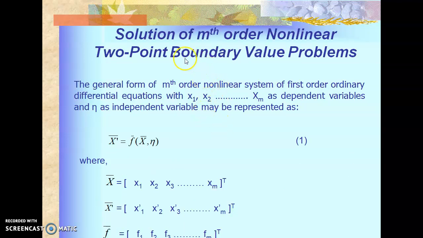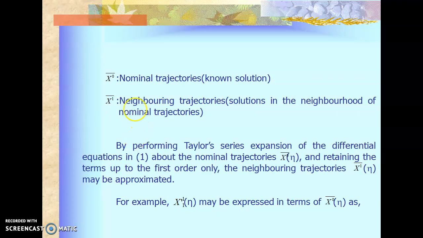Now we will see the solution of nth order nonlinear two-point boundary value problems. This is equation 1, representing the system of first order nonlinear equations. Now we have to convert this to a system of linear differential equations. Here is the notation we are going to follow.